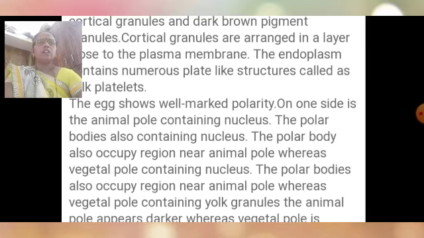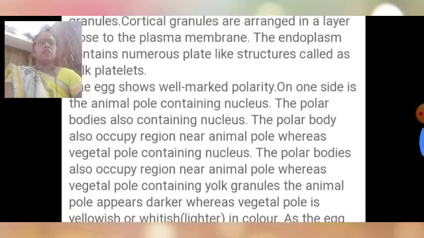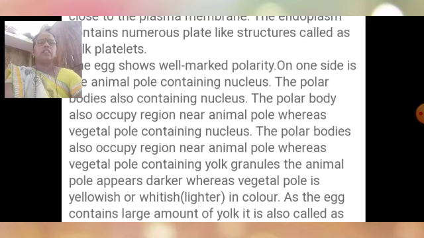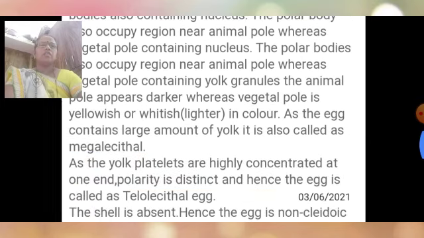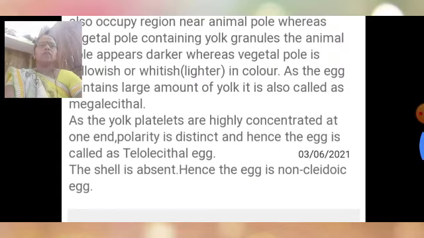The polar bodies also occupy the region near the animal pole, whereas the vegetal pole contains the yolk granules. The animal pole appears darker, whereas the vegetal pole is yellowish, whitish or lighter in color. As the eggs contain a large amount of yolk, they are also called megalecithal eggs.